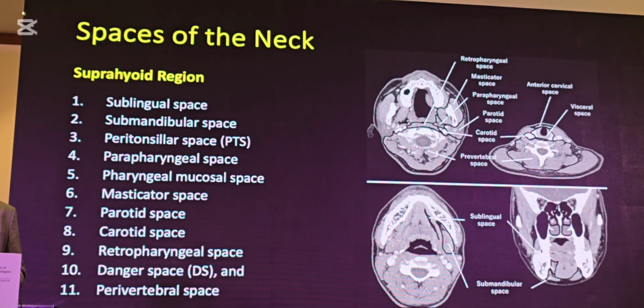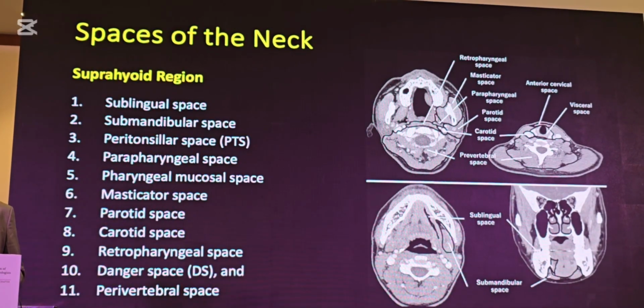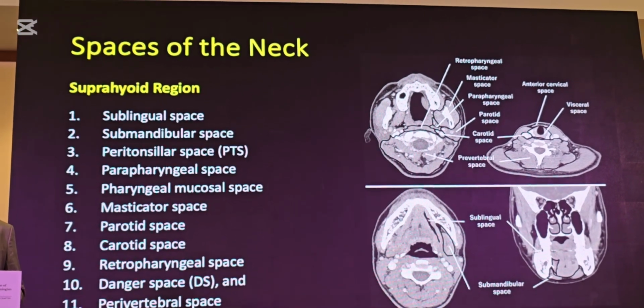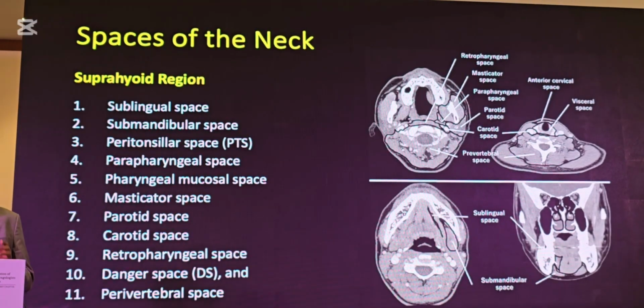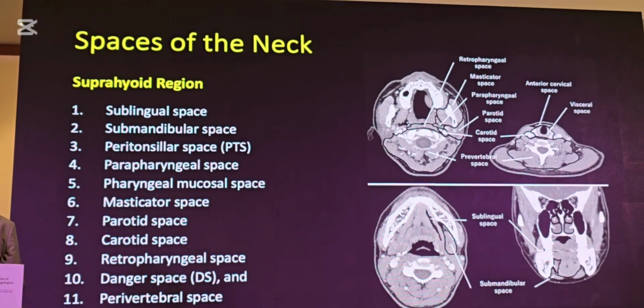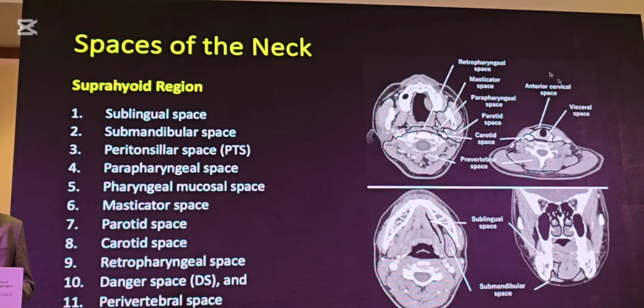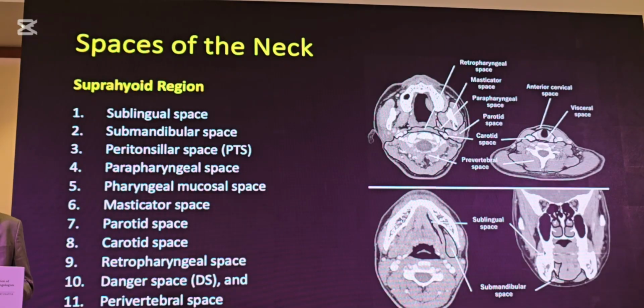So here, this entire space is the masticator space, and this structure, mandible, maxilla. You can appreciate the shape of the bone. That is the maxilla or upper alveolar margin. So that is maxilla, and this is mandible, and this is the masticator space.